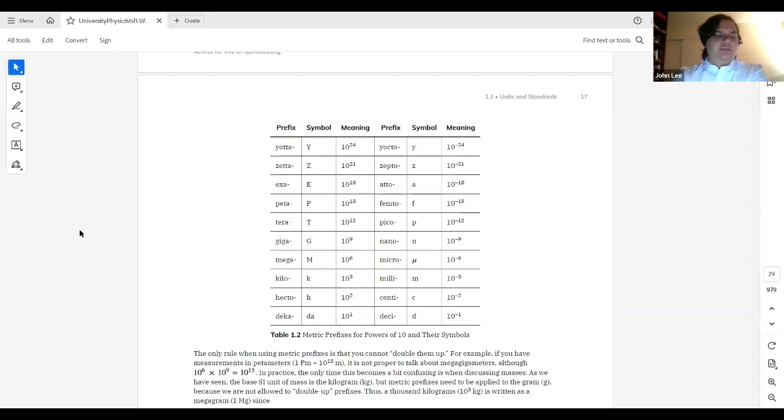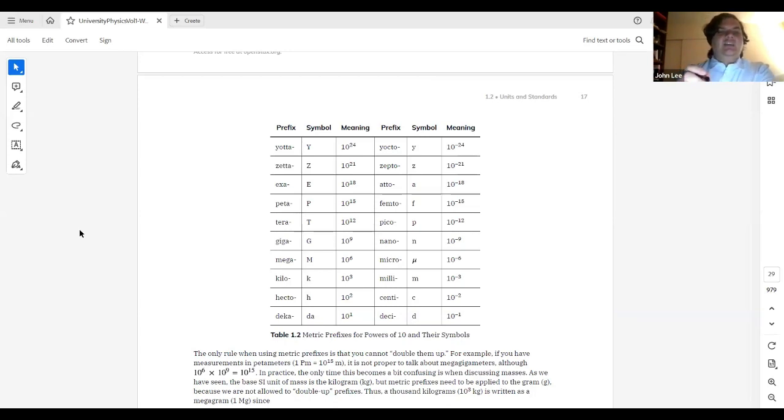So the metric prefixes tell you, instead of writing down, say, 5 billion meters and then writing down all the different zeros and stuff like that, instead you can write down gigameters, which is 10 to the 9th meters.